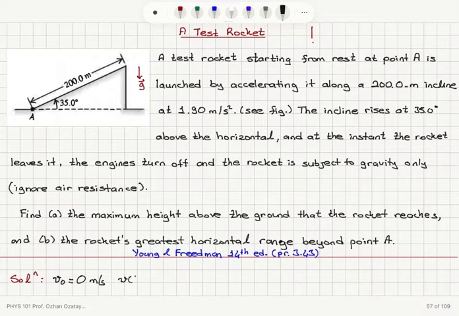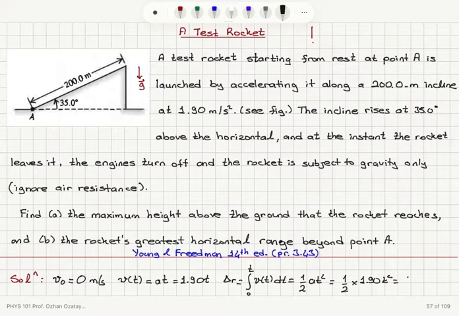The velocity as a function of time when it's accelerating along the incline is 1.90 t, and the distance we travel, delta r, will be the integral from 0 to t of v of t dt, which is 1/2 a t squared. So this will be 1/2 times 1.90 t squared, which is 0.95 t squared.